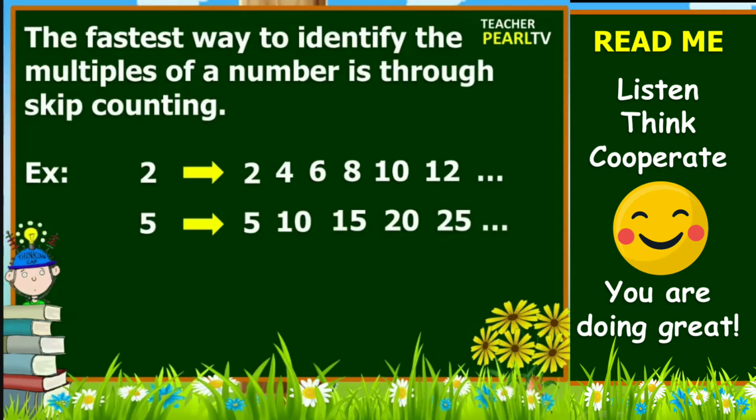Next, let's get the multiples of 4 by skip counting. We have 4, 8, 12, 16, 20, so on and so forth. That is how we get the multiples of a number.